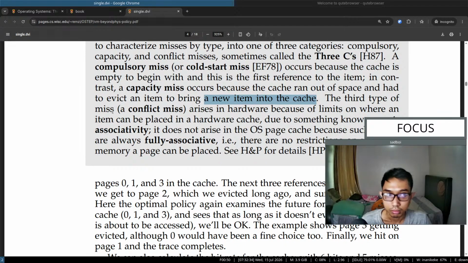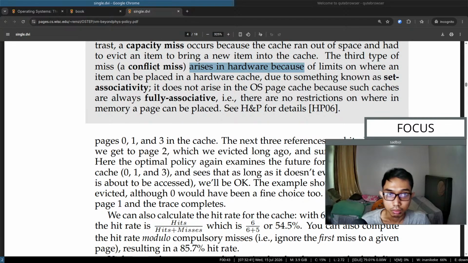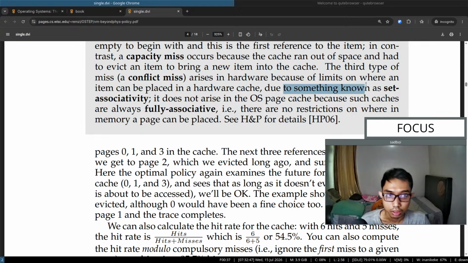The third type of miss, a conflict miss, arises in hardware because of a limit on where an item can be placed in a hardware cache due to something known as set associativity.